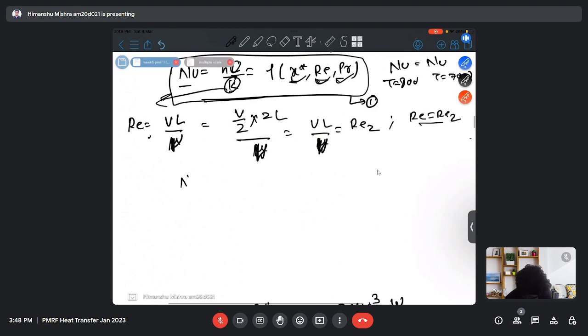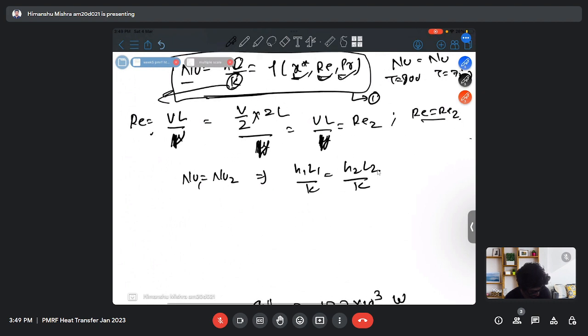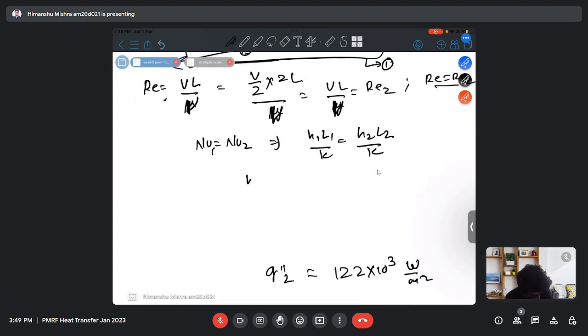So my Nusselt number is the same, and my new heat transfer can be found. Suppose there had been any change in Reynolds number, then my Nusselt numbers will not be equal to each other.